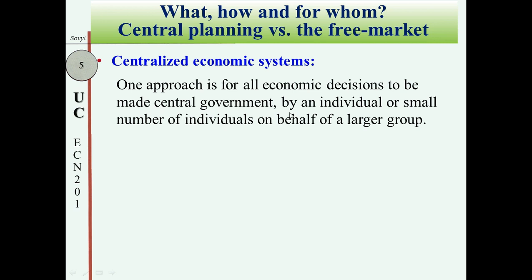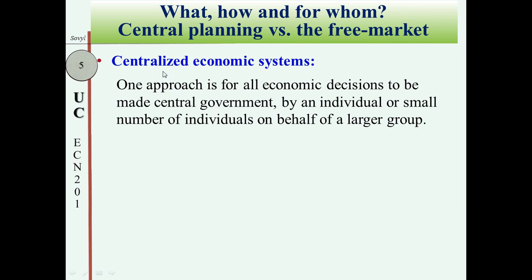It means that by an individual, maybe let's say prime minister or president, or a small group of individuals in government. The ministry can make law, can make decision for everyone in the country.